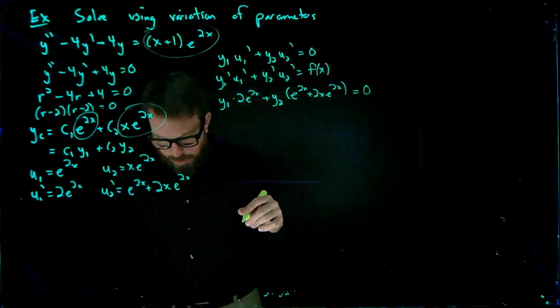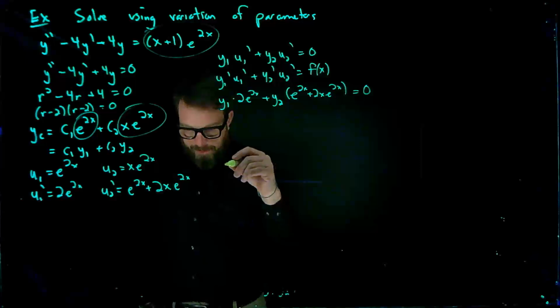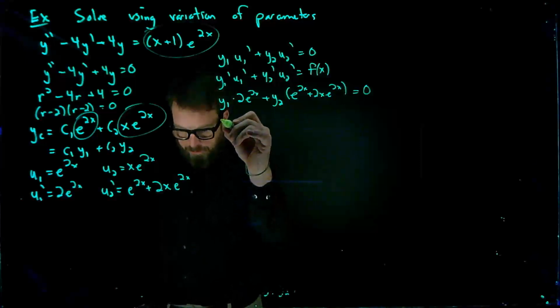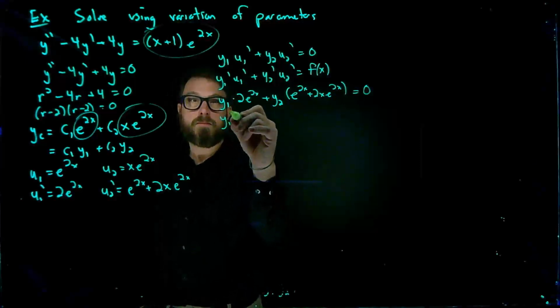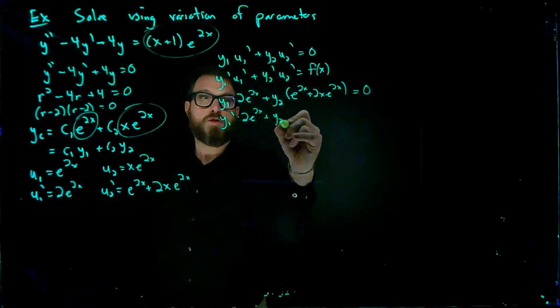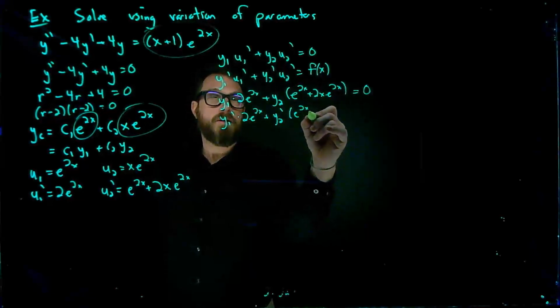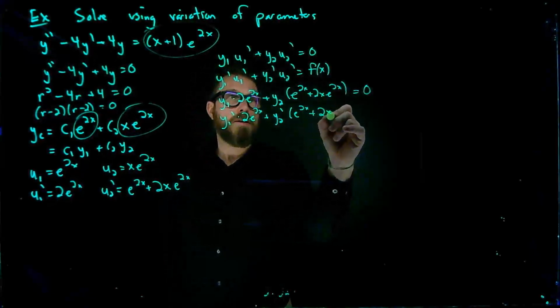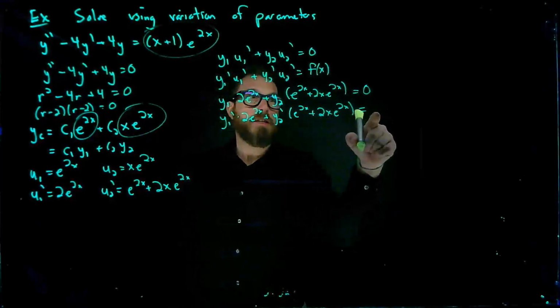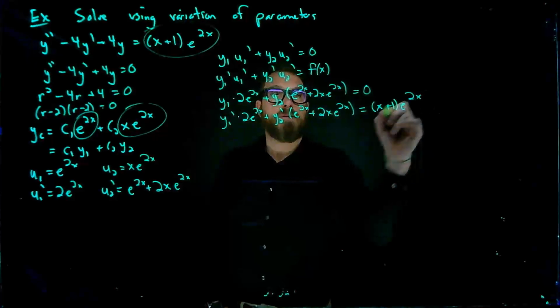And then we have our y1 prime and y2 prime times u1 prime and u2 prime, and this is equal to f of x, which is x plus 1 times e to the 2x.